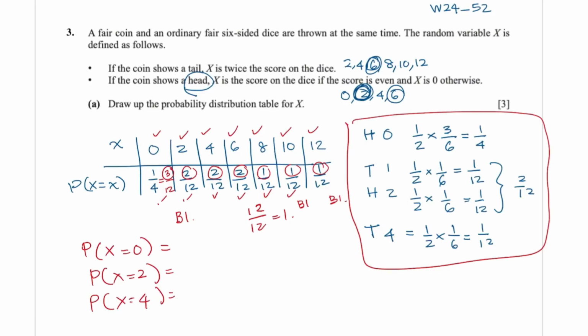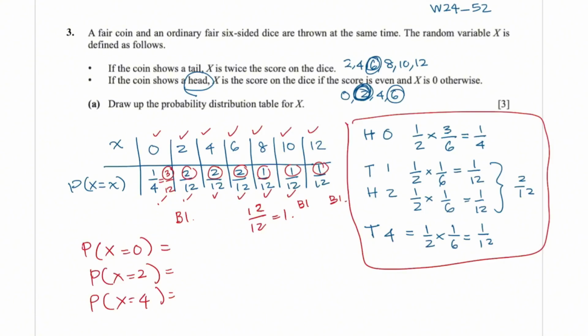You write it here but not in a table. How much can you get? The answer is you can get a maximum of 2 marks only. Because the first mark will be given when you have a table with correct x values and at least 2 correct probabilities. So if you don't have the table, you are not going to be given the first mark. But you can go for the second and the third mark.